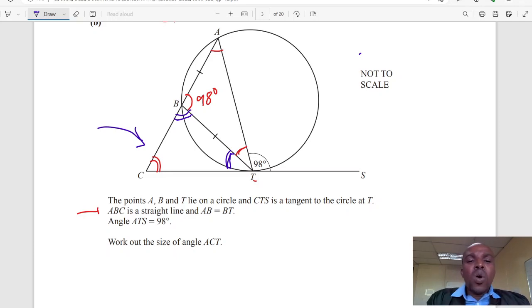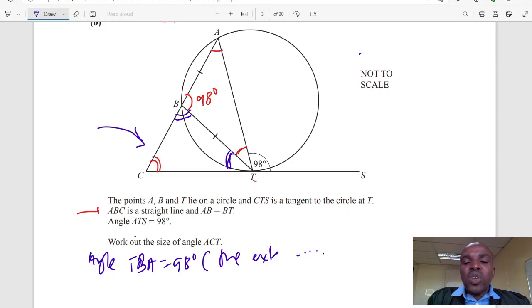Let's find it. First you say angle TBA is equal to 98 degrees. Then the reason: the exterior angle of a triangle is equal to the opposite interior angle. After that, you find the angles at A and T using triangle ABT. Angles in a triangle add up to 180.